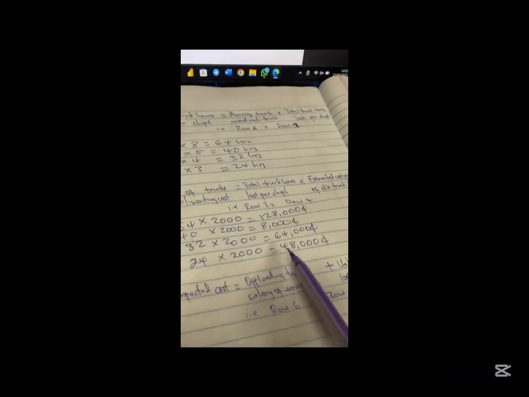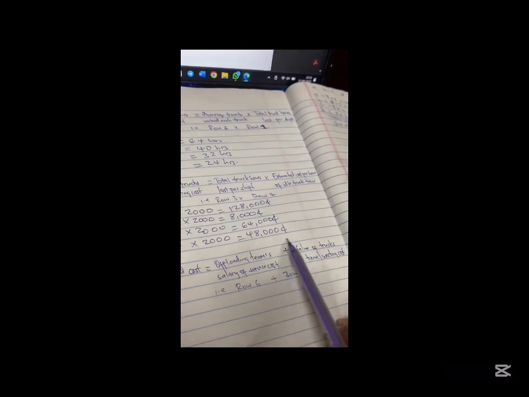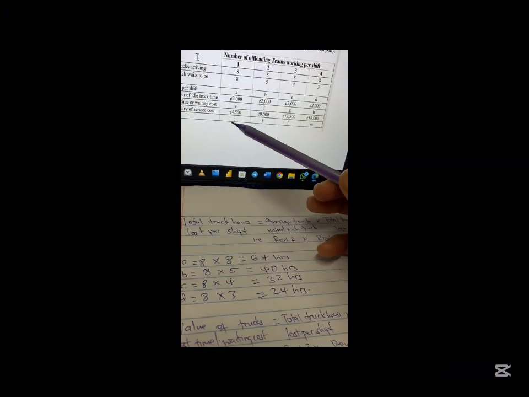So from our table, it is the offloading team salary or service cost plus the value of trucks lost time or waiting cost. We obtain these values from row 6 and row 5. So to get the total expected cost, which is row 7, is equal to row 6 plus row 5. But remember, you've calculated the values of row 5 already.